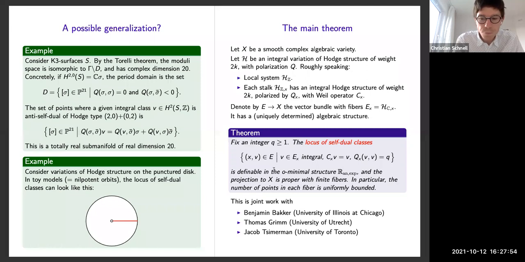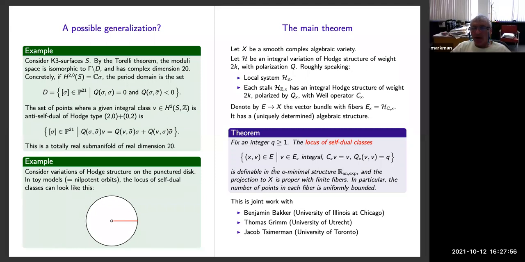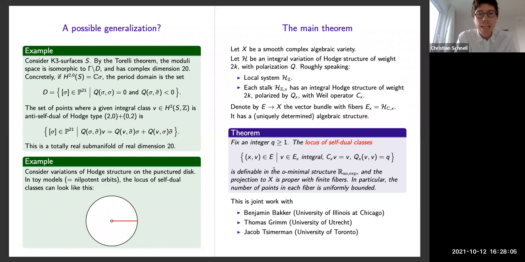Can you relate it to algebraic classes? Does it mean that the algebraic classes fit in such a locus, and how are they distributed there? Yes, right. The algebraic classes are in particular self-dual, so they will be inside of there.